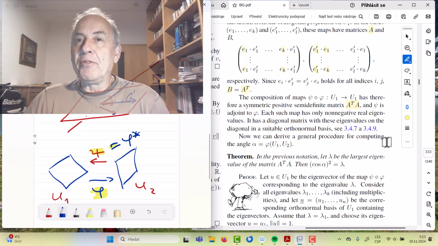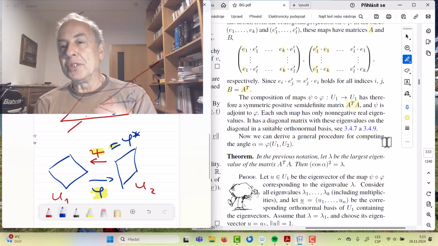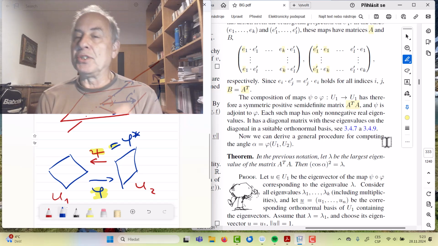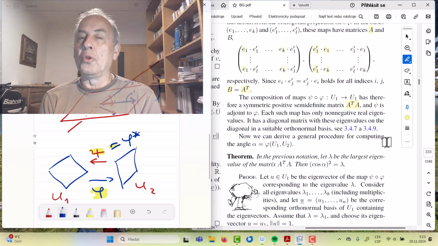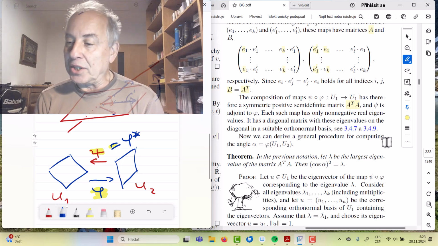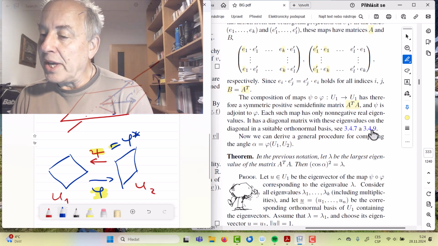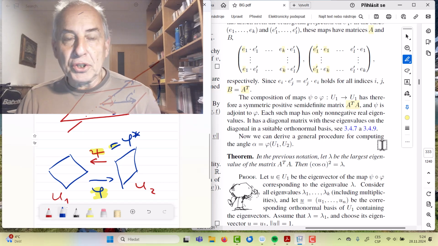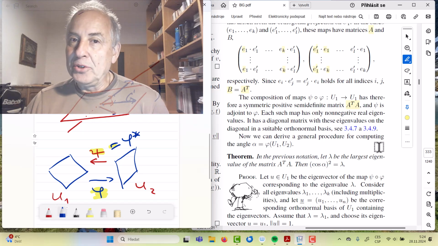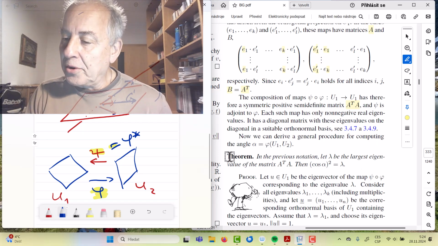Positive semi-definite matrices have got, first of all, as many independent eigenvectors as the dimension is, and second, all the eigenvalues are real and they are non-negative. So we simply take the biggest of the eigenvalues, and we easily prove the theorem.